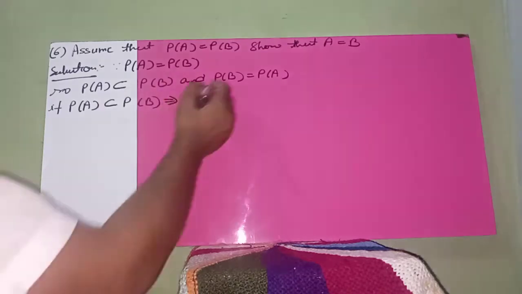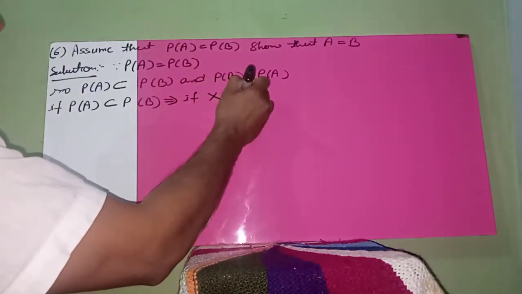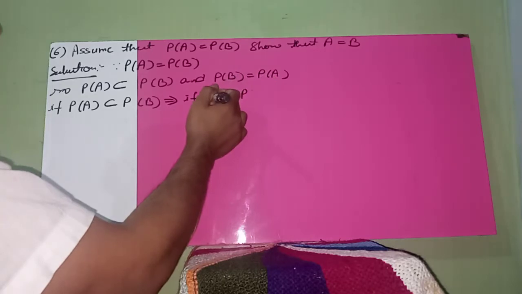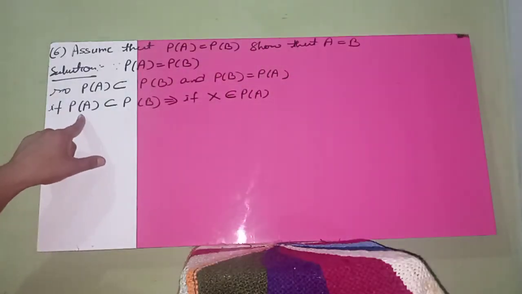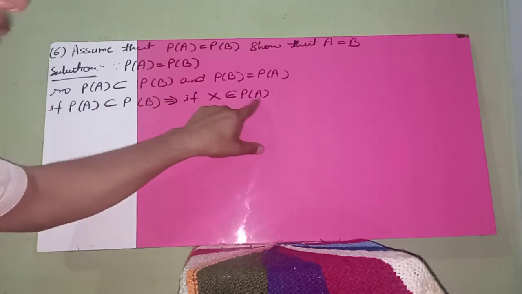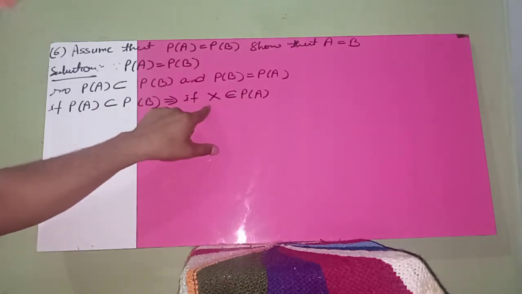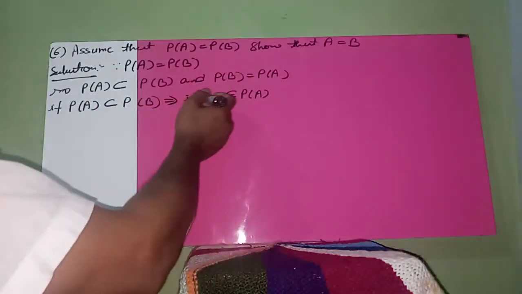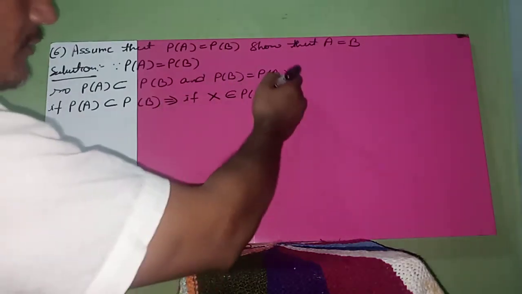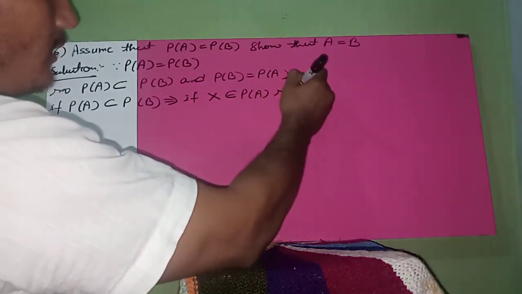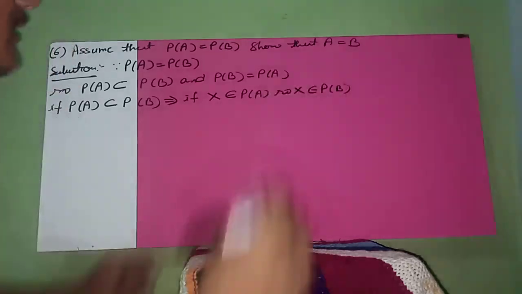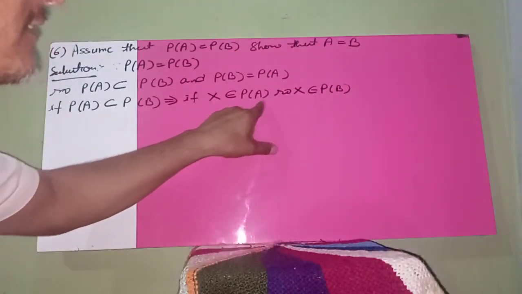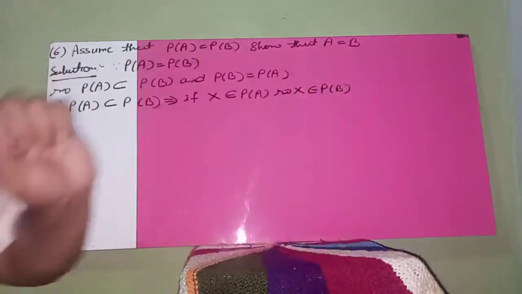So it means if I take capital X, not small x. If X is the element of power set of A, so X is also the element of power set of B. So it means power set of A के अंदर का जो X एलिमेंट है वो power set of B के अंदर भी है.